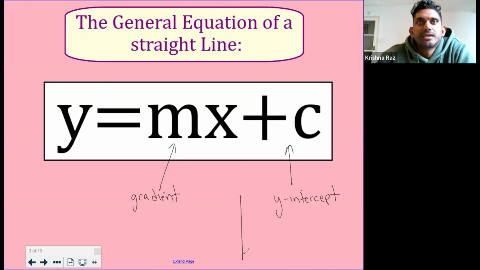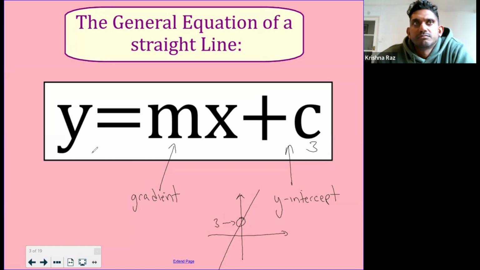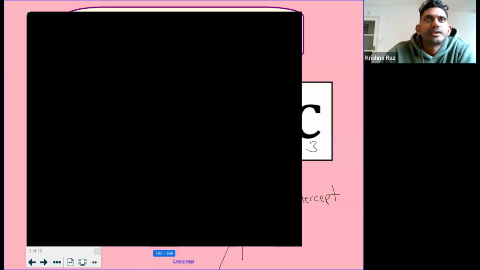Simple as. So if we had a line that crossed the y-axis at 3, then c would be 3. Simple as that.